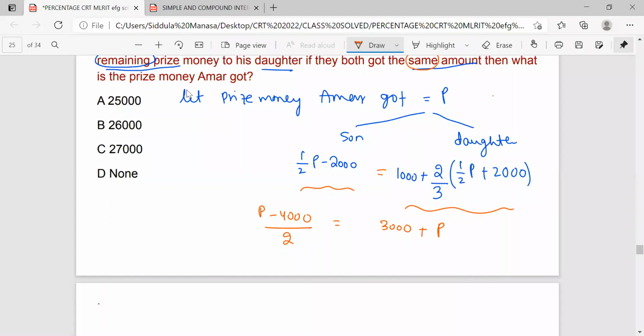So the whole denominator is 3. And next, 2 by 3 into 2000, so that will be 4000 by 3. Okay, the common denominator is 3.